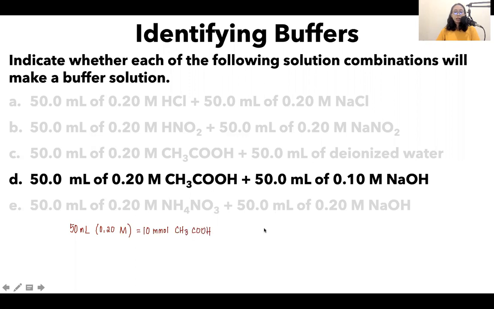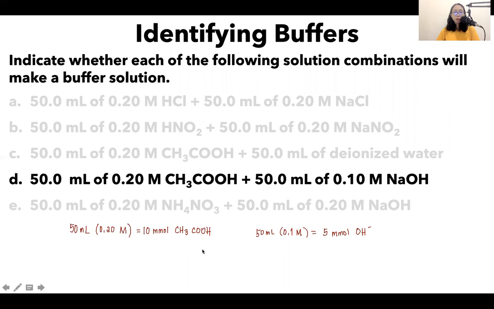And 50 ml of 0.1 molar sodium hydroxide will give you 5 millimoles of hydroxide ions. So you see that this strong base, the hydroxide ions, can neutralize 5 millimoles of the weak acid, acetic acid.